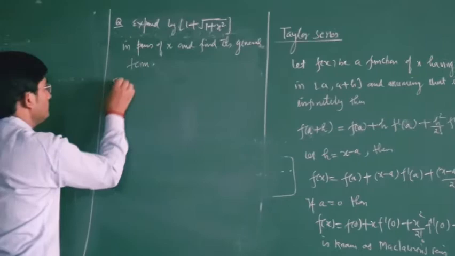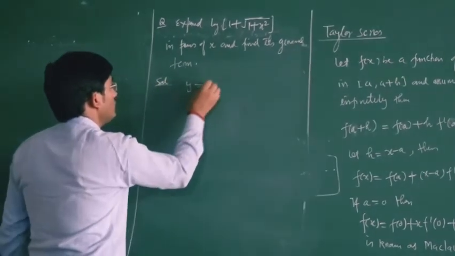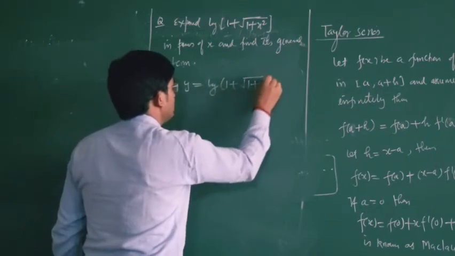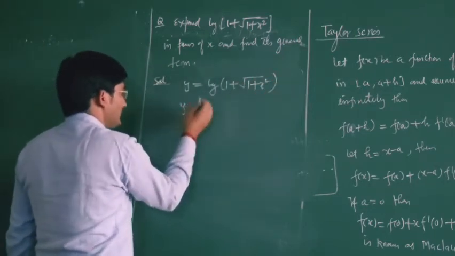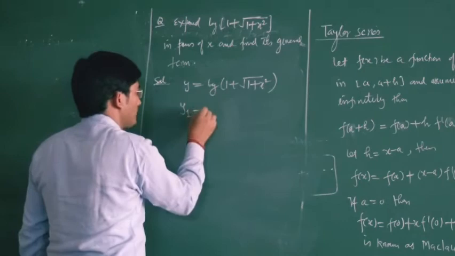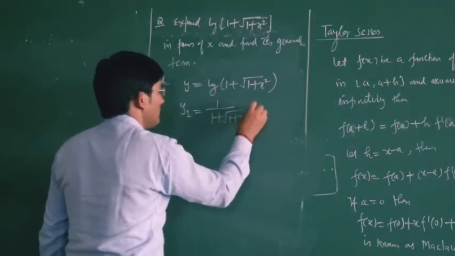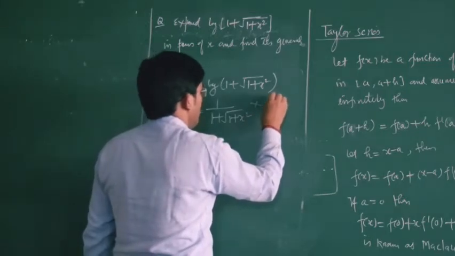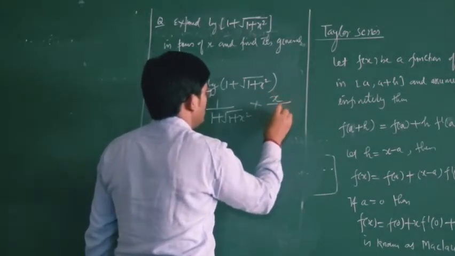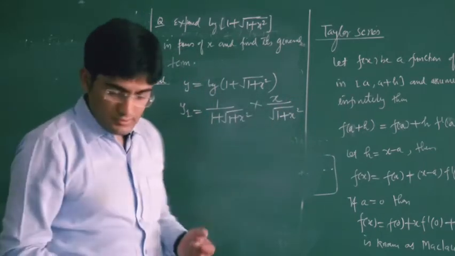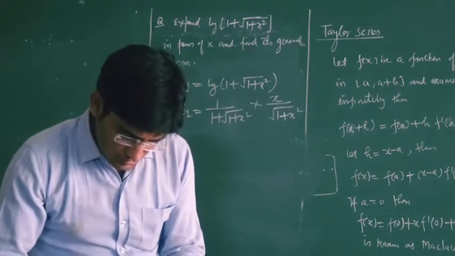So solution, your y equal to log 1 plus under 1 plus x square. So your y1, that means the first derivative, will be 1 upon 1 plus under 1 plus x square. Then here we will have x upon under 1 plus x square. I think we have done some mistake here.